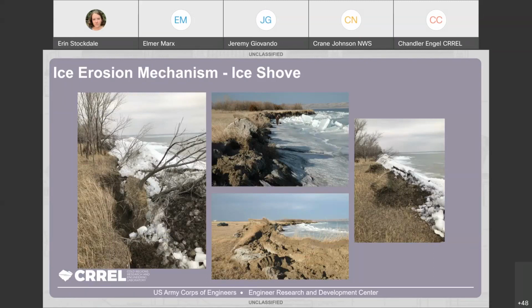And then, as you can see in the picture on the left, as the ice recedes, the vegetation and the root layer will fall back in and again be subject to fluvial processes or even wind processes. So this is a huge erosion issue in many areas.